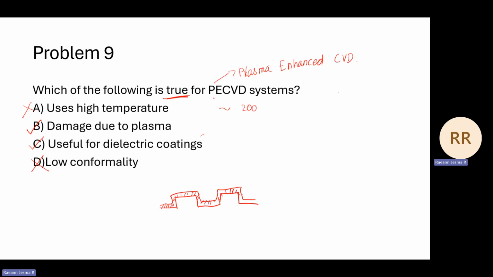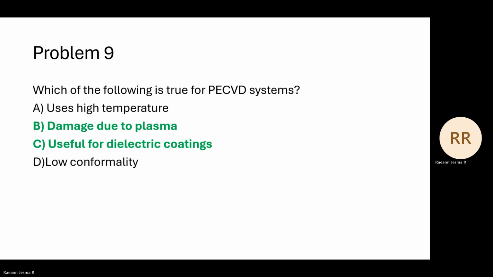That is called a conformal film. So, irrespective of not having very high temperature, plasma enhanced CVD seems to have conformal deposition. So the answer is both B and C for problem 9. Okay.